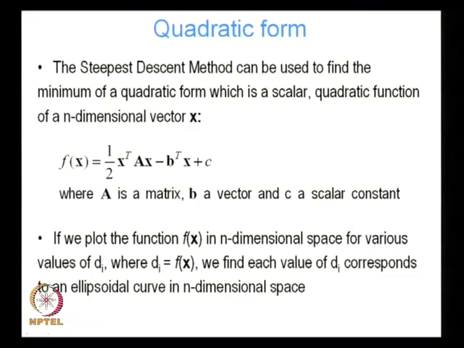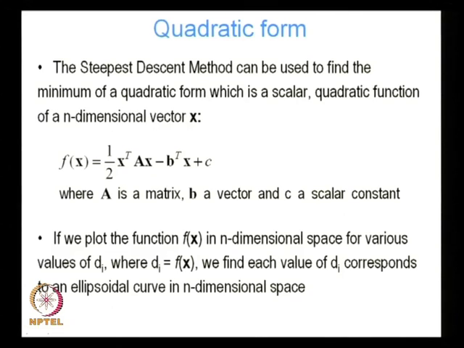So if we plot the function f of x in n dimensional space for various values, now I am concentrating on the quadratic form, the simplest nonlinear problem. We are looking at the steepest descent method, at gradient based methods, in the context of the simplest possible nonlinear problem, which is a quadratic form.